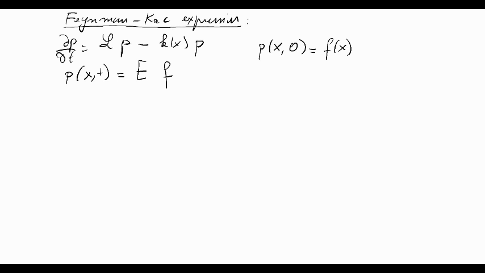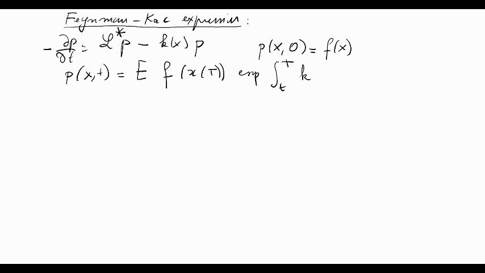So when we have here L star, the L star operator, which becomes here with a minus, then this is f of x of t, and this is the exponential of the integral from t to capital T of the killing rate.